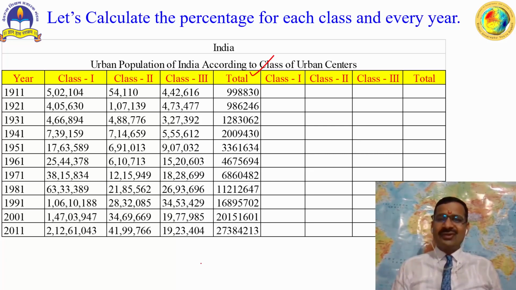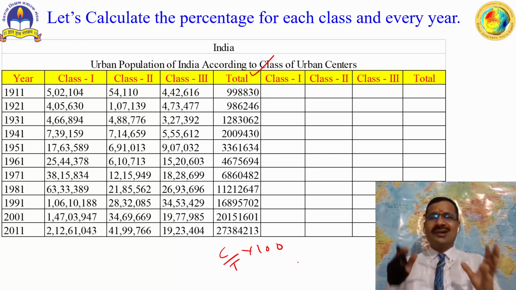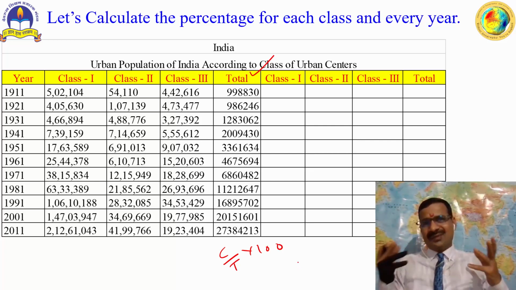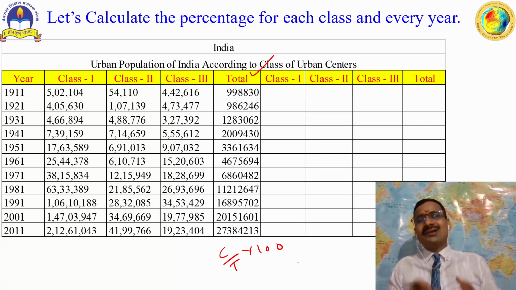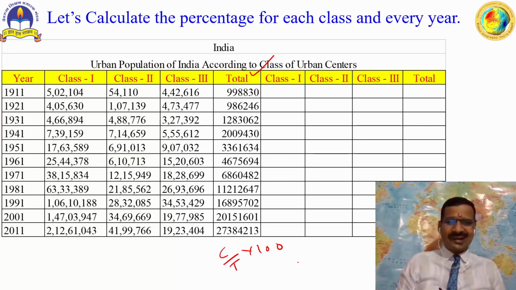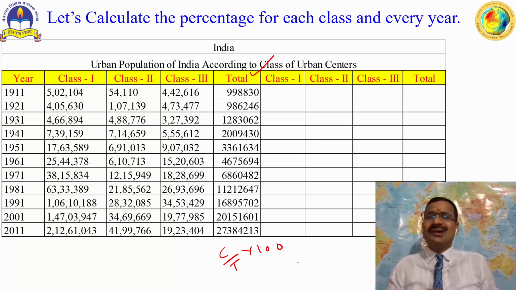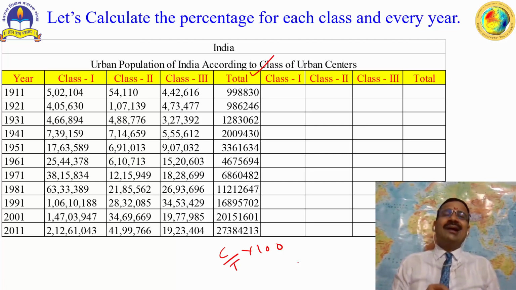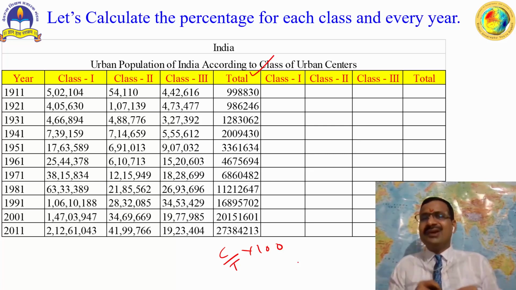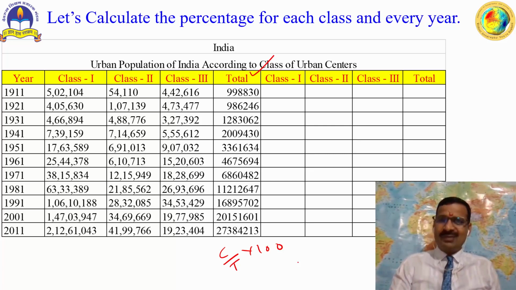Here I have used the equation C divided by T multiplied by 100. C may be the population of class 1 cities, class 2 cities or class 3 cities, and T is the total of the respective row, and 100 is the constant that is used for the calculation of percentage.